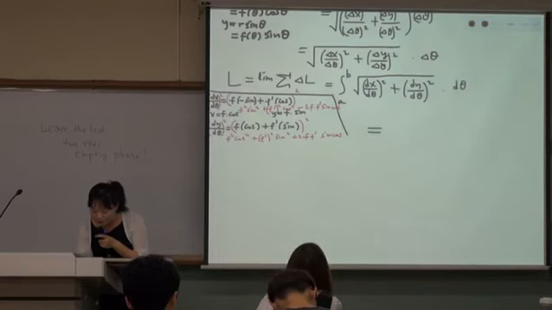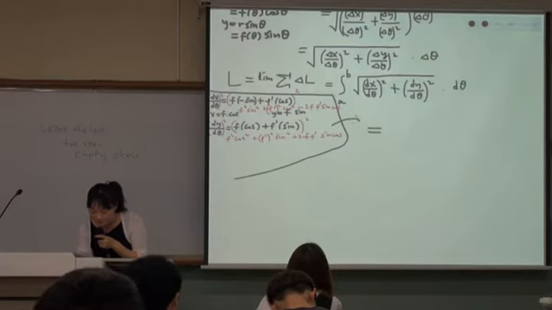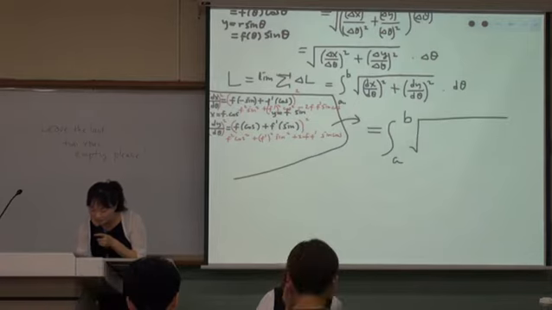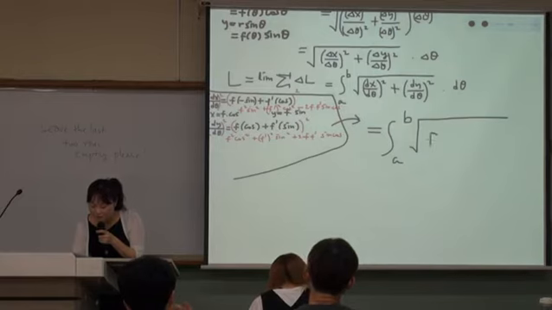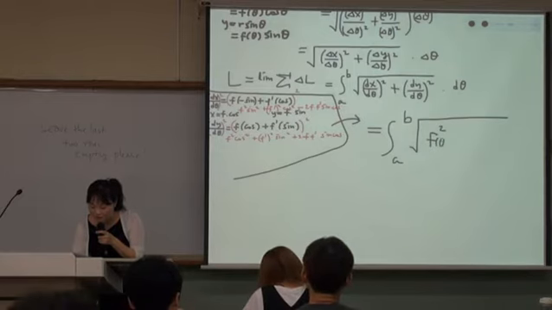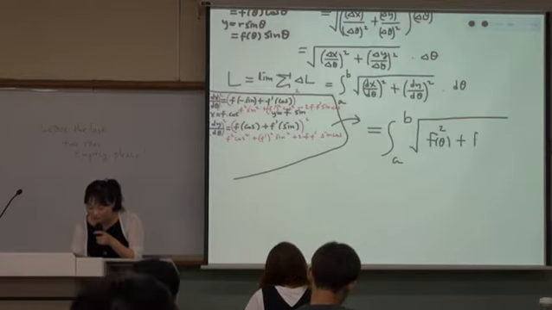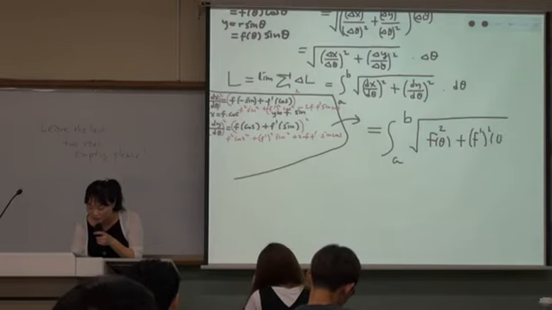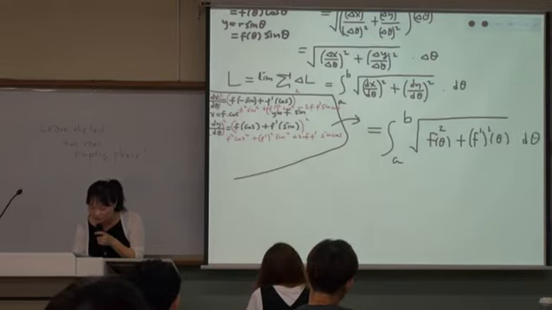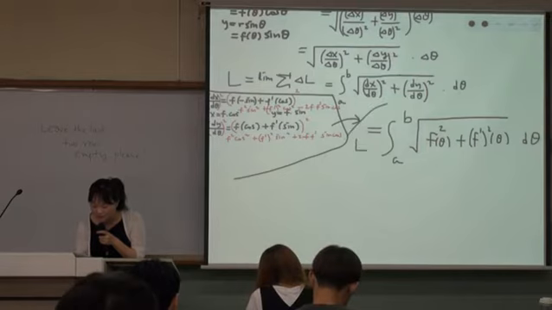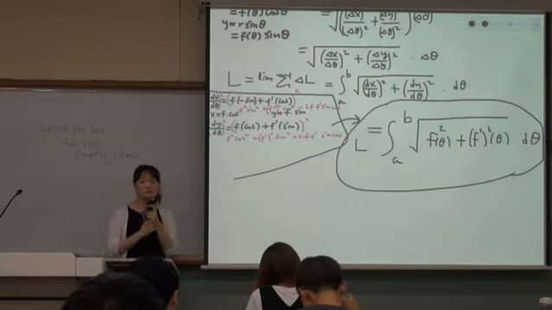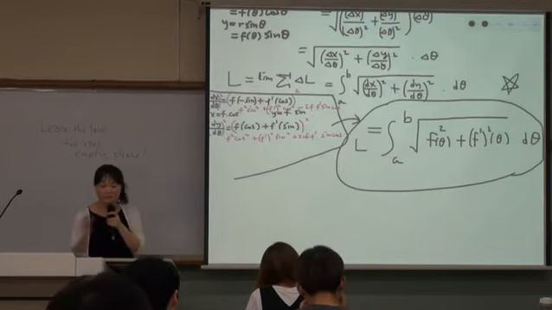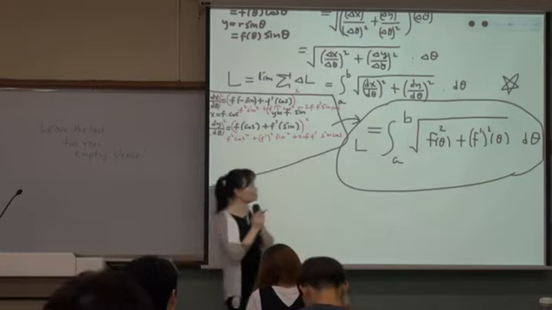According to this, the integral from a to b of the square root of f squared theta plus f prime squared theta d theta, that is the length. Okay, so memorize.